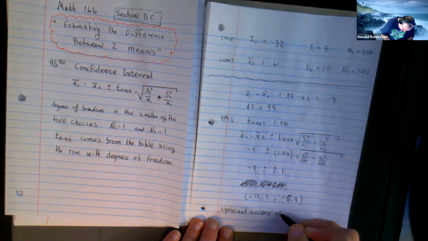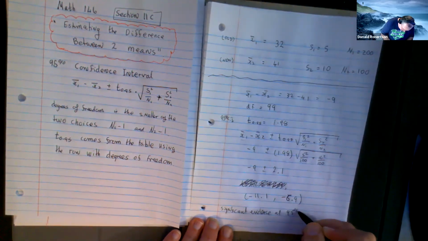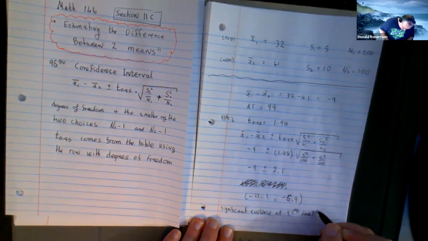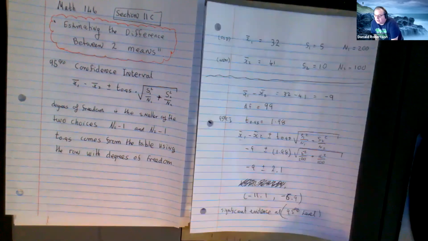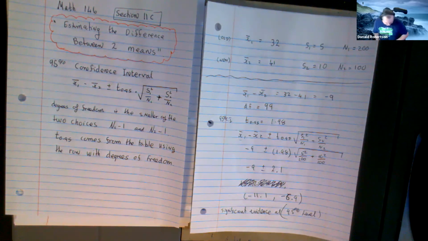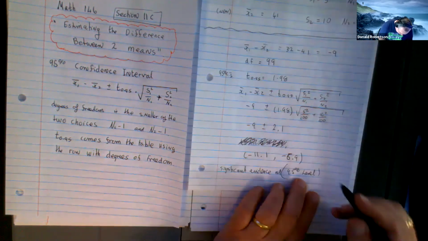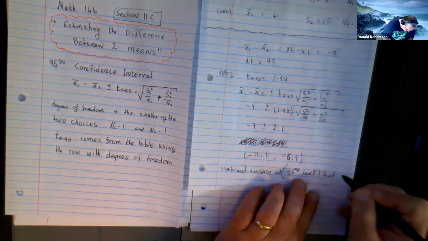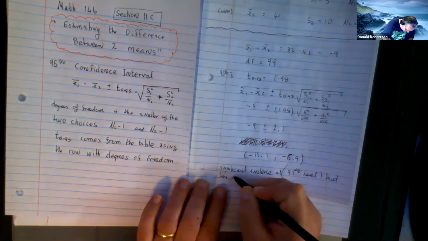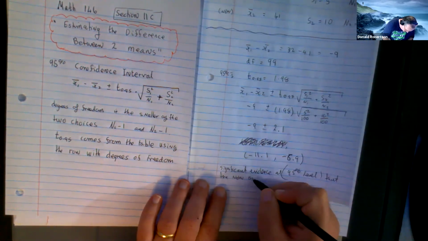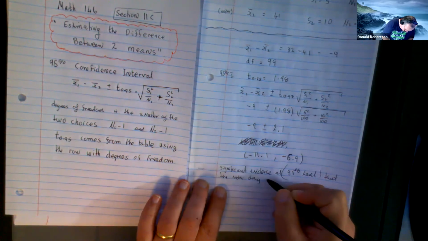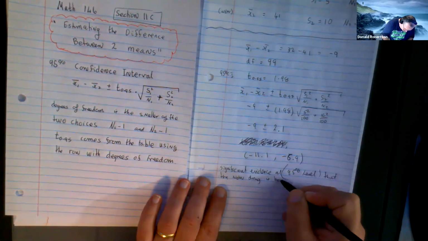It's always a good idea to put down, at the 95% level, or the 99% level, or the 90% level. Isn't it kind of helpful to know that number? Just gives you a feel for how much trust to put in. So significant evidence at the 95% level that the new drug, I'll call it, is better, because we want it to be bigger, right?